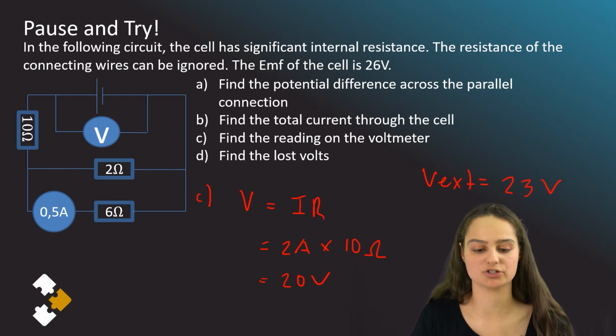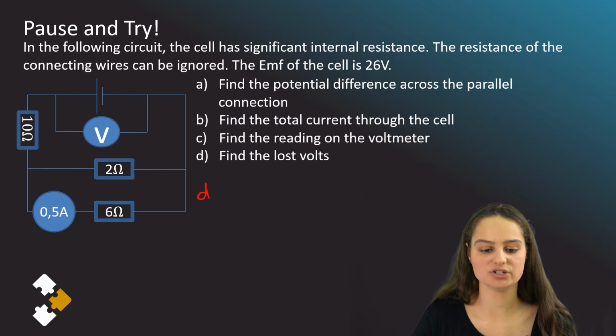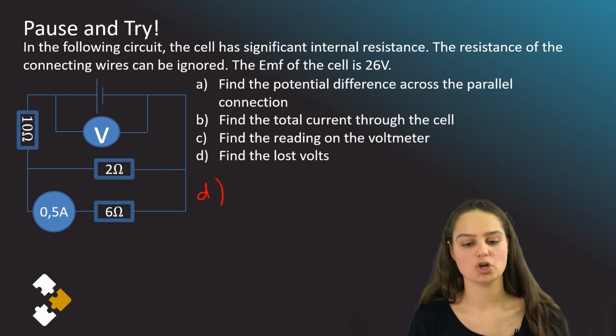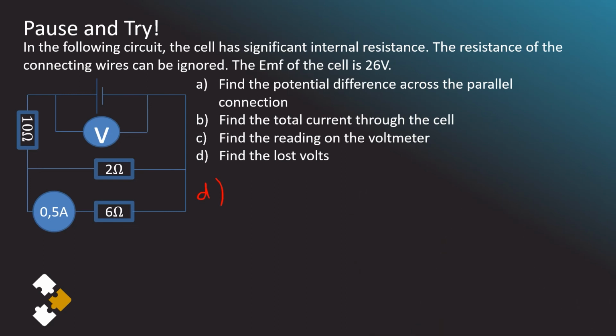Right, so let's move on to question D. Question D asks us to find the lost volts. So we can't measure the lost volts with any voltmeter, and we need to use an equation. This is going to be our equation: EMF is equal to the V lost plus the V external. And you'll see that we actually have 2 of these elements out of the 3, and we can solve for the V lost.